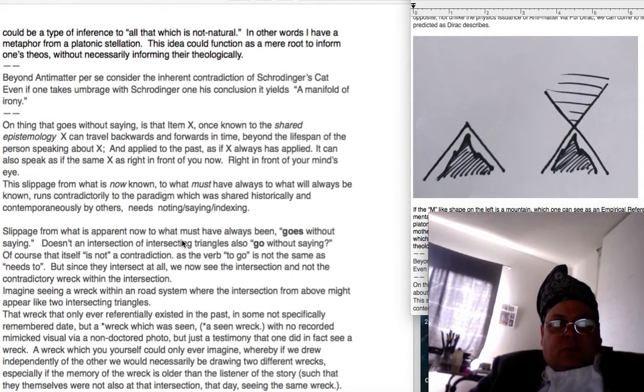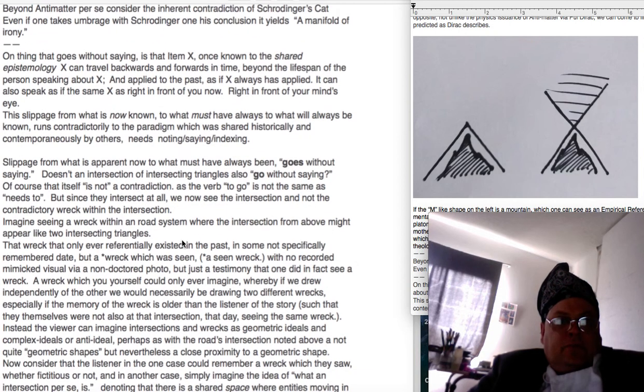Beyond antimatter per se, consider the inherent contradiction of Schrödinger's cat. Even if one takes umbrage with Schrödinger, one has the conclusion it yields, a manifold of irony. One thing that goes without saying is that item X, once known, without saying, and then I leave the E out.